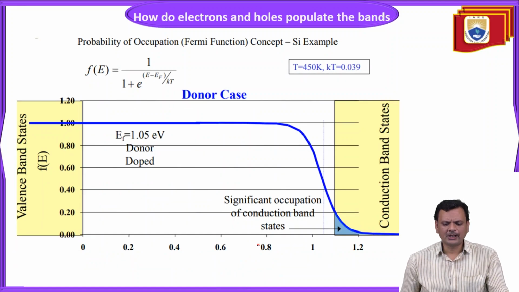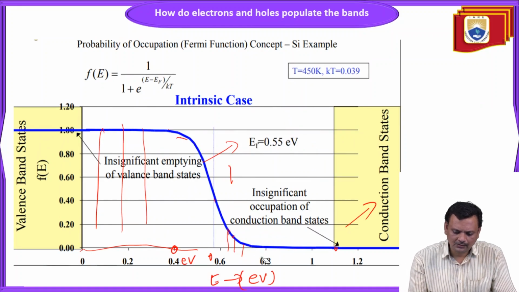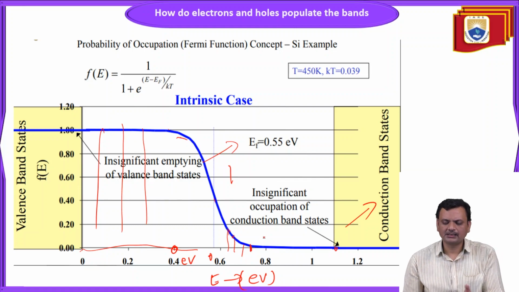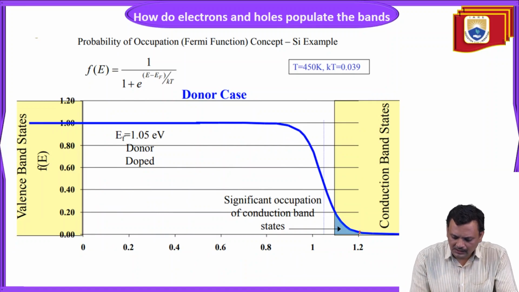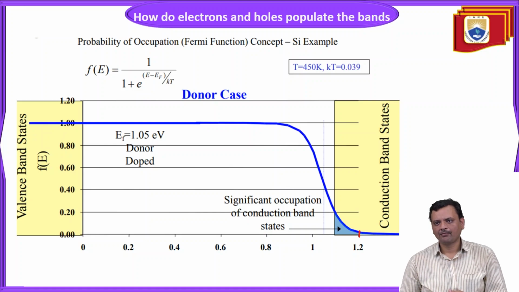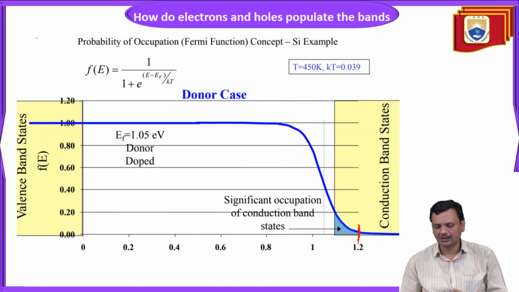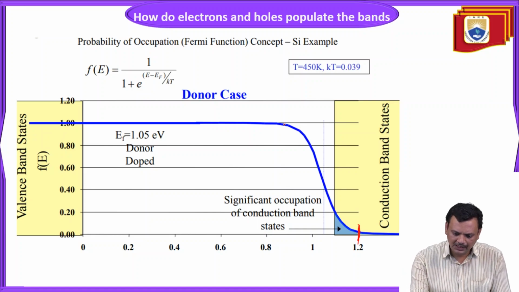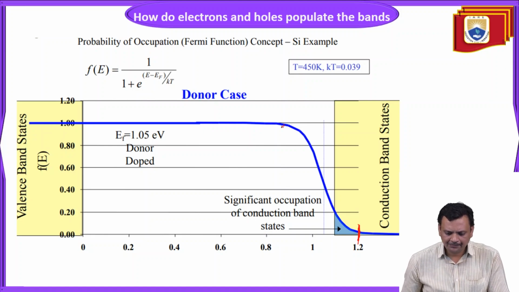Now the donor case, means if you are making the silicon an N-type semiconductor. So see what happened. This is even less than 0.8 electron volt energy. But see here, the chance for unoccupied levels occurs at a higher energy. Means some levels are completely filled once you dope with some N-type impurity.